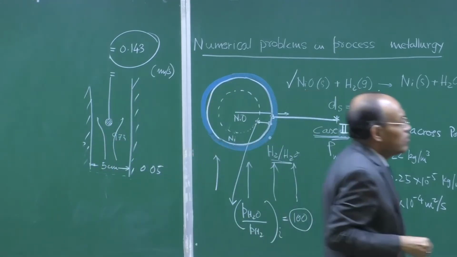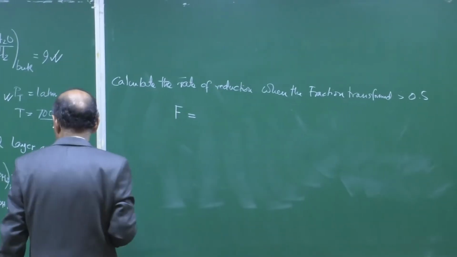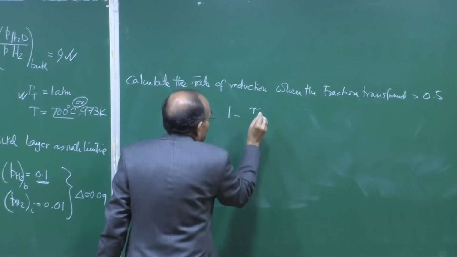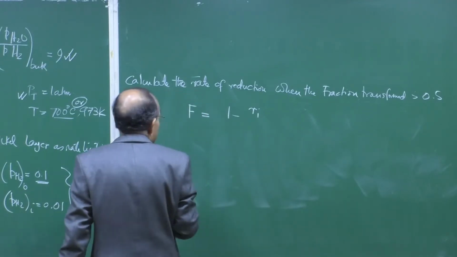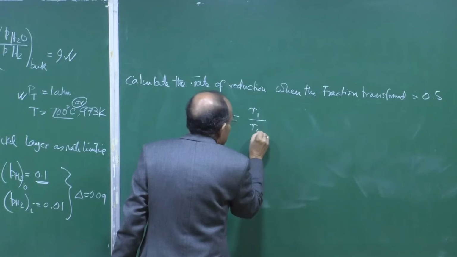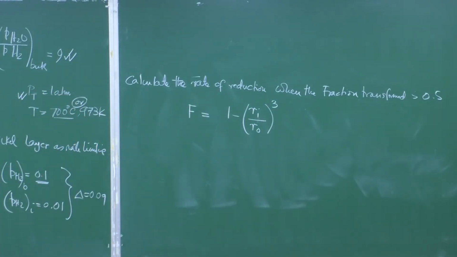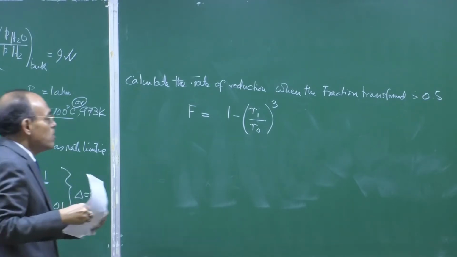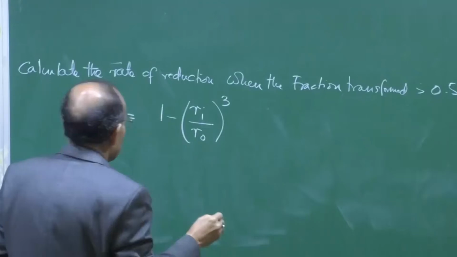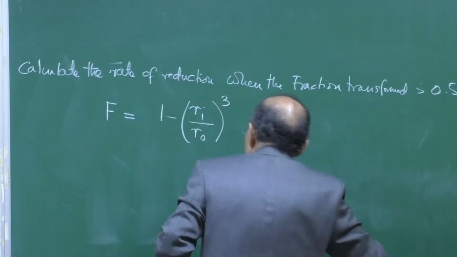So, what is the fraction transformed? Fraction transformed is defined as 1 minus Ri over R0, where R0 is the outer radius. Let me write it down.